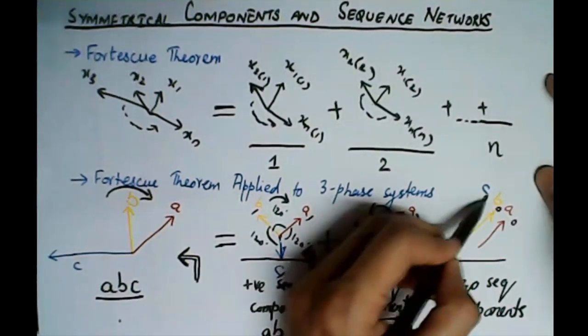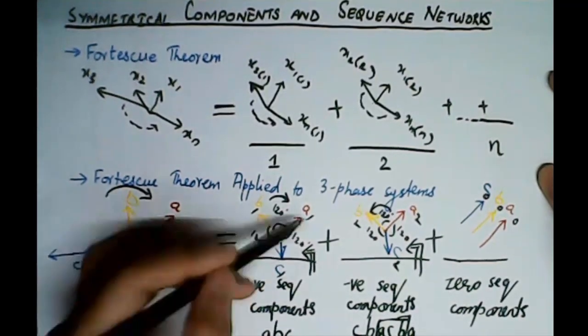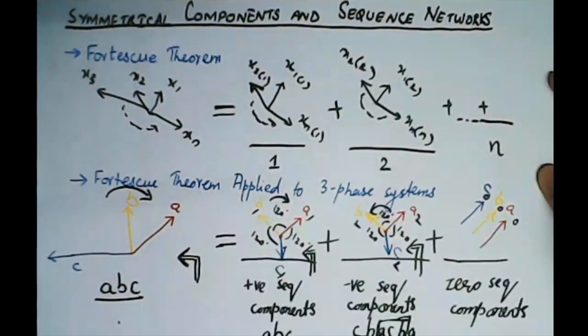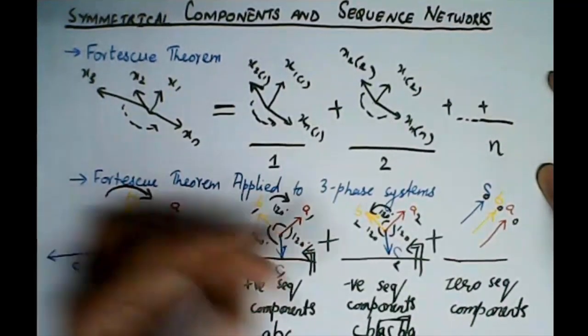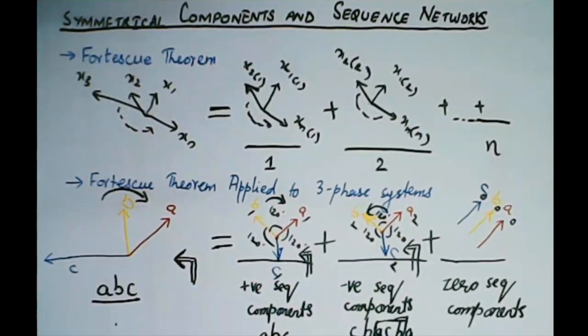A0, B0 and C0, the zero sequence components, will also have the same magnitude and angular separation also, which is 0. But it is not necessary that A1 will be equal to A2 and A0. No. Within its own set, the phasors will be balanced, but not among the different sets.